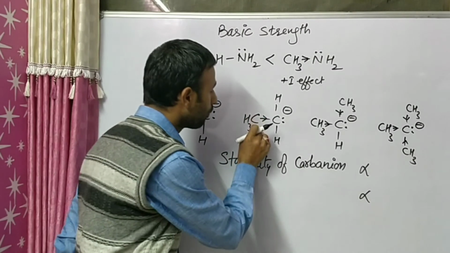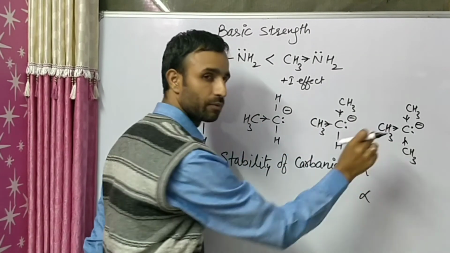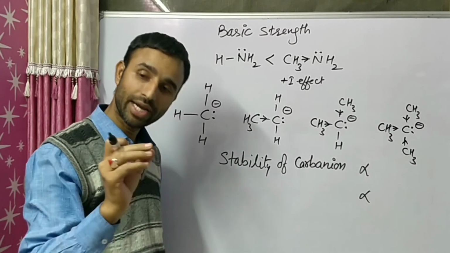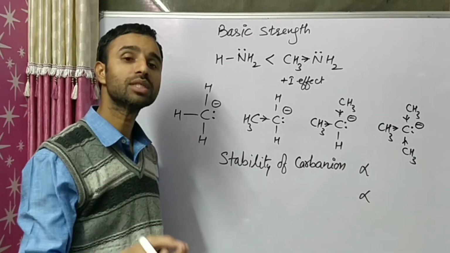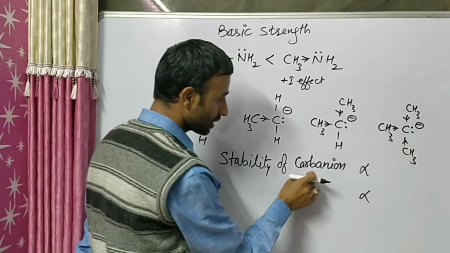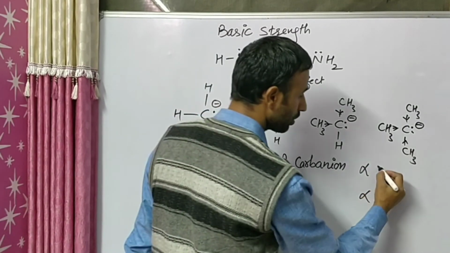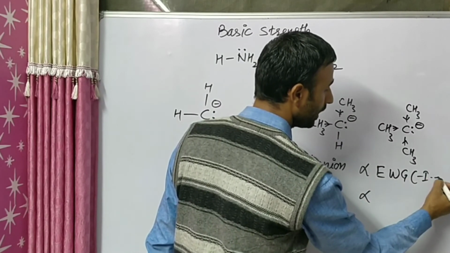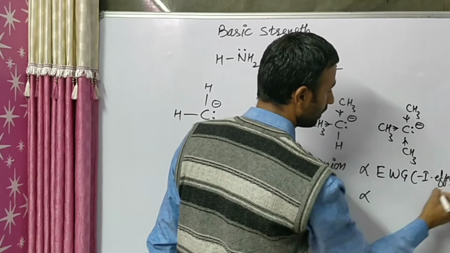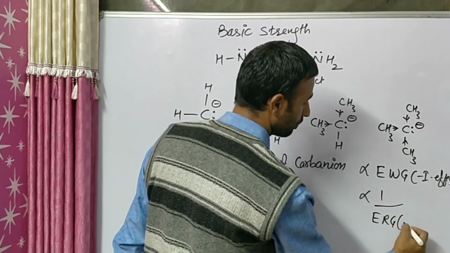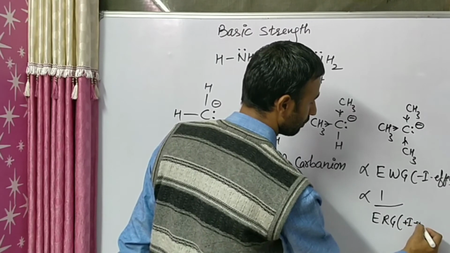Now, what about these methyl groups? What do they do? They intensify the negative charge. That means they destabilize it. That means the stability of a carbanion is proportional to electron withdrawing groups, minus I effect, and inversely proportional to releasing groups, plus I effect.